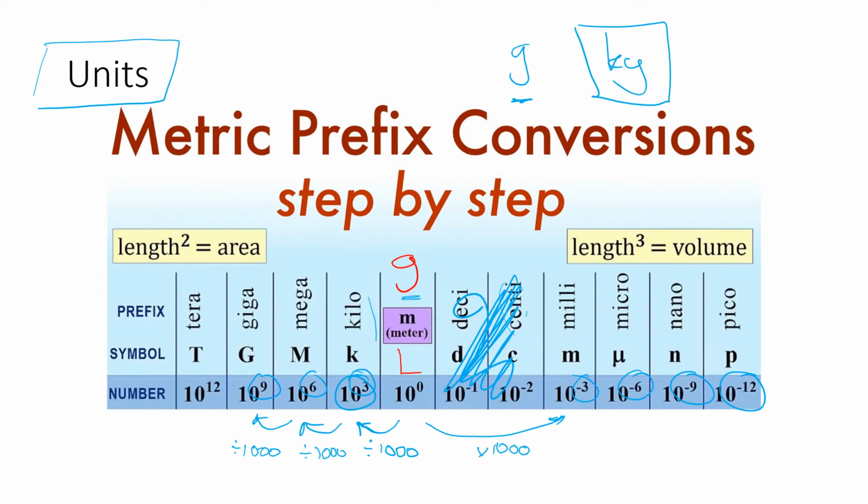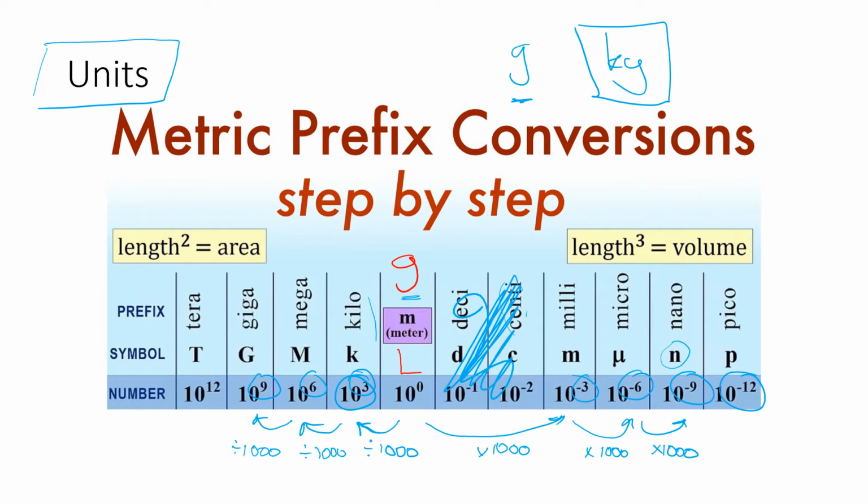So 10 to the power negative 3 is smaller than 10 to the power 0, so we need to times by 1,000, and times by 1,000 again. To go from milli to micro, we times by 1,000. To go from micro to nano, we times by 1,000.